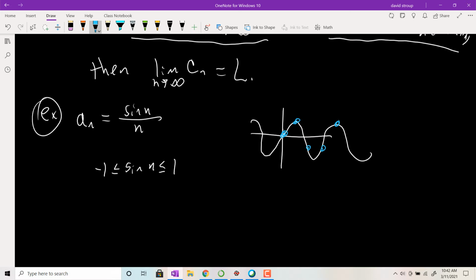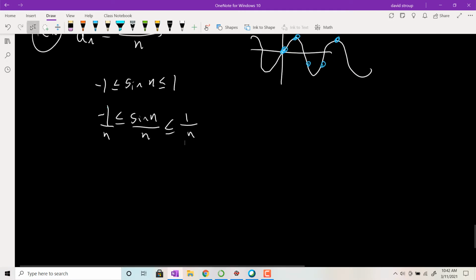So anyways, once you have this inequality, if you assume n is greater than or equal to 1, you can divide all three sides by n. We can't divide by 0, so you kind of have to make sure n is not equal to 0. So if you divide everything by n, you get this set of inequalities. And then you kind of know what the limit on the sides are, right?